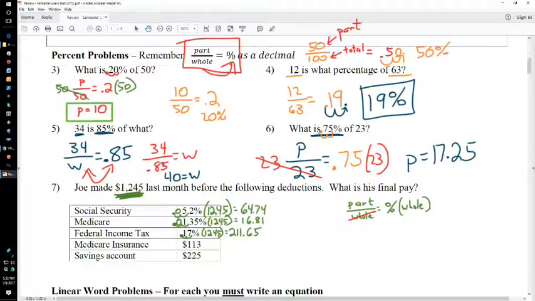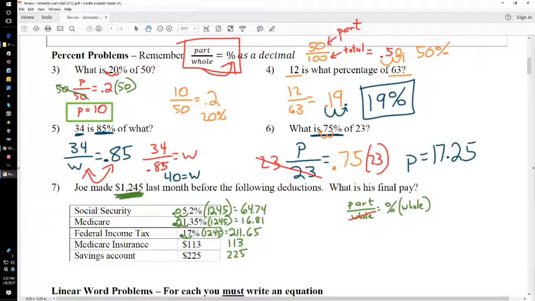Now he's got 2 more things going on. He opted for medical insurance. Medical insurance isn't a percentage; it's just a flat rate. So he's just going to pay $113 for medical insurance. Same thing for his savings account. That's not a percentage; that's just a flat rate. So $225 goes into his savings account.